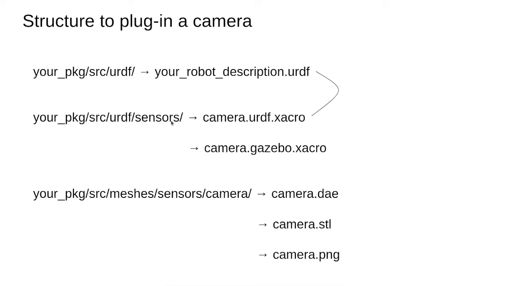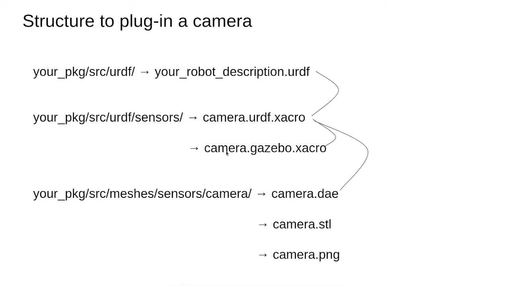In the sensors folder you're gonna have the camera urdf.xacro that describes the model of the camera, and you will see that this xacro file will contain two important include files.